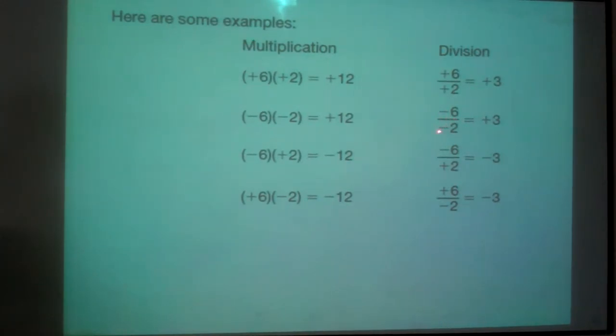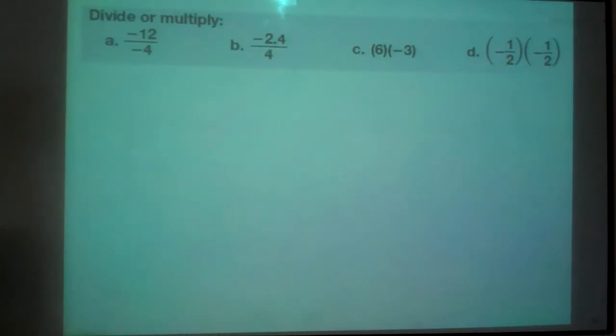A negative divided by a negative gives you a positive. So same sign, you get a positive. Different signs, you end up getting a negative when we divide. So those are those relationships. Might be a good page to keep in mind and look at in your book. Alright, so we'll go through these examples and we'll call that good for today.